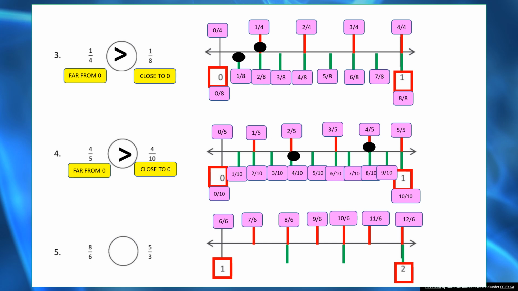If you said 3/3, you're absolutely correct. 3/3 is equivalent or equal to 1 whole because 3 divided by 3 equals 1. Now, remember, we're on a number line, so we just count up. We start with 3/3, so the next fraction would be 4/3. Then 5/3. And finally, 6/3 goes directly below the number 2. I know that that fraction is correct because 6 divided by 3 is 2.